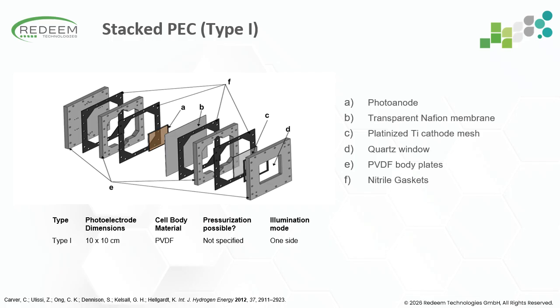This modular stack design is simple to assemble, and it can be scaled by increasing the active area or by modifying the individual layers. However, because illumination is only possible from one side, you have to be careful about optical and current collector design, because this becomes increasingly more important as the reactor grows.